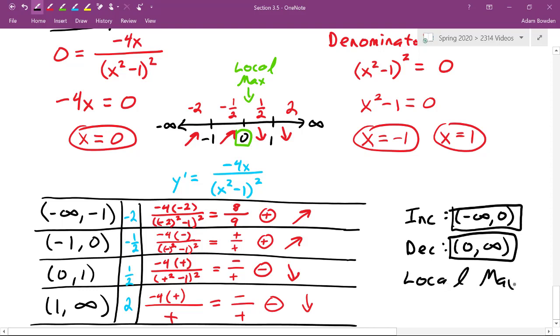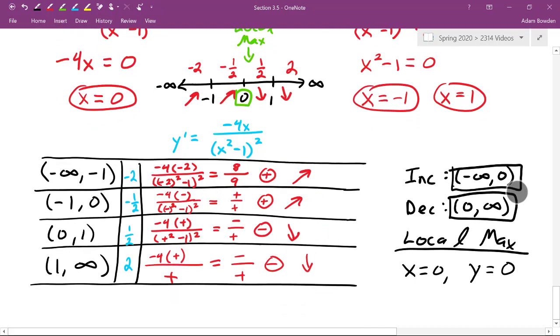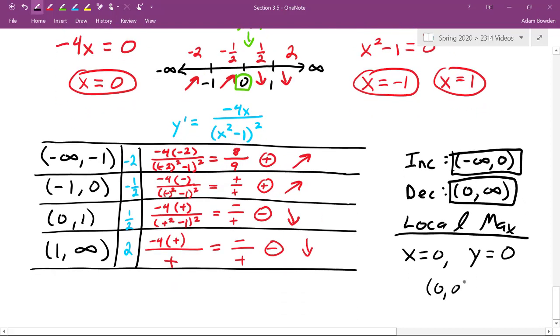So a local maximum located at x equal to 0, and if we plug that in and figure out what y is equal to, it's also 0. So 0, 0 is a local max. And so there's nothing else to discuss here. We just have our increasing, decreasing, and one local max point to worry about.